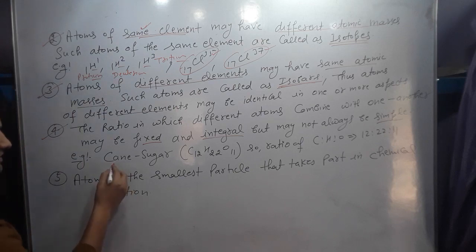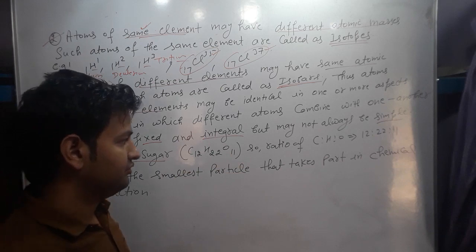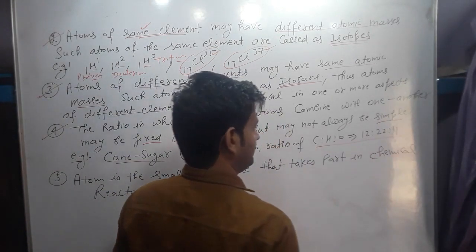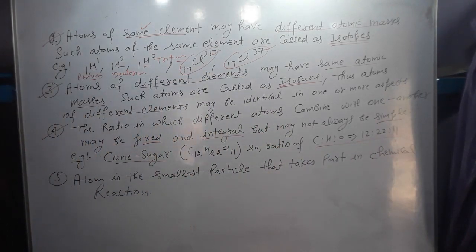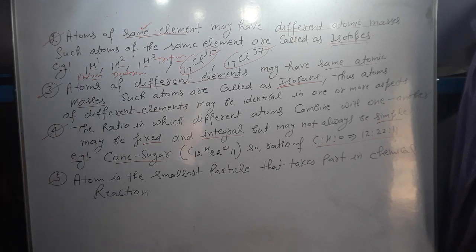Example of this point is cane sugar. Cane sugar formula is C12H22O11. So their ratio of carbon, hydrogen and oxygen is C12H22O11. Last point of the modified Dalton atomic theory is same. This is according to the Dalton atomic theory. Atom is the smallest particle that takes part in a chemical reaction.